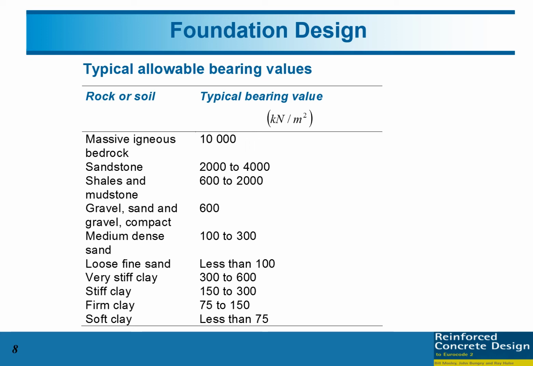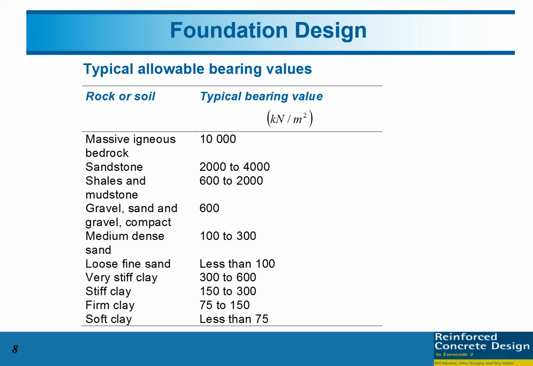For example, massive igneous bedrock has 10,000 kPa, sandstone 2,000 to 4,000, shales and mudstone 600 to 2,000, gravel, sand and compact medium dense sand from 100 to 300, and then loose fine sand less than 100, very stiff clay 300 to 600, stiff clay 150, firm clay 75, and soft clay is less than 75.